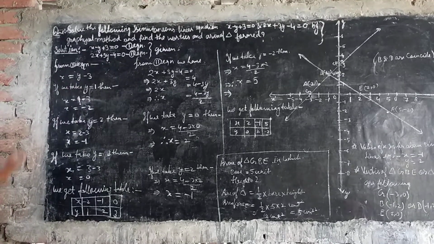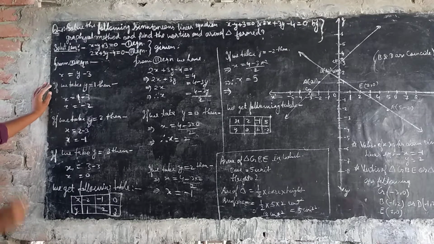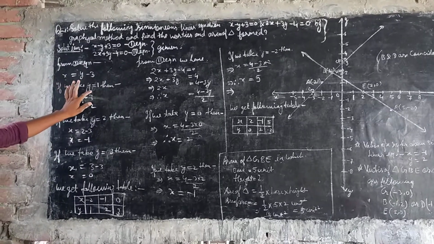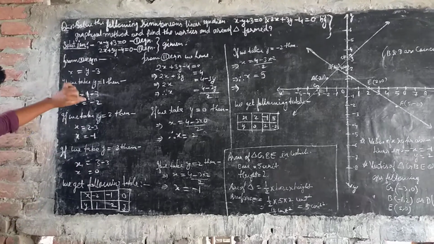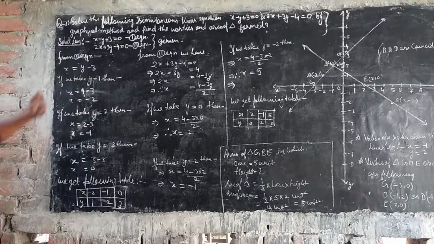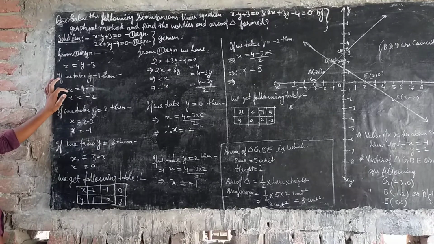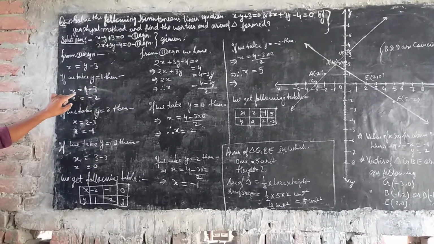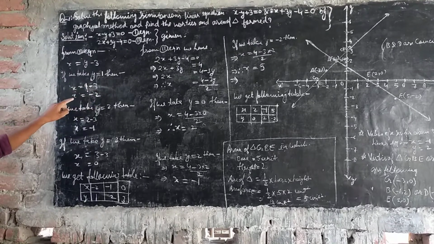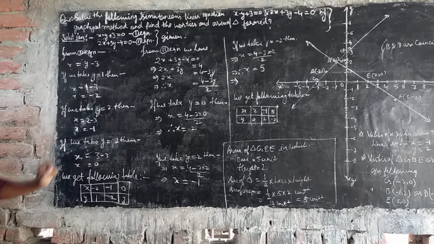Now we take random values of y to get values of x, putting them in this equation. If we take y is equal to 1, then x is equal to 1 minus 3, which means x is equal to minus 2.